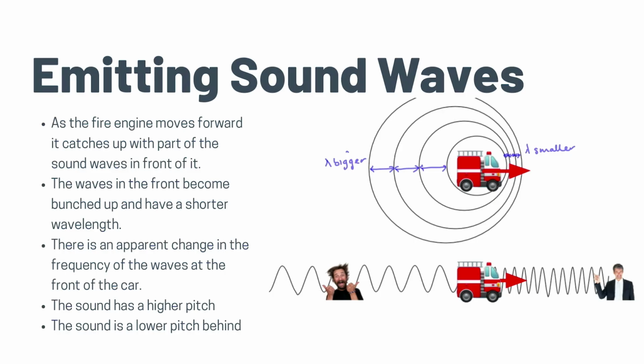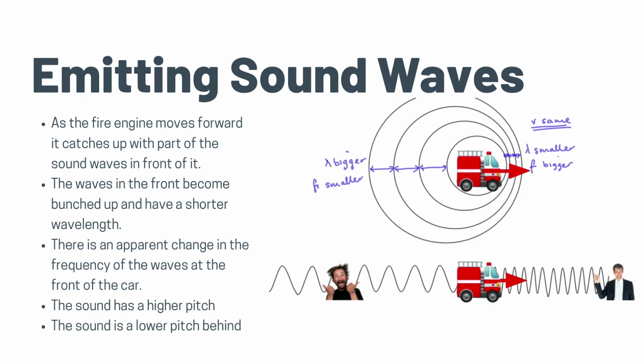If the speed's the same, because speed has to stay the same, nothing's going to change about the speed of sound in air, that means that the frequency must get bigger, and on this side the frequency must get smaller. There's less waves passing a point per second.